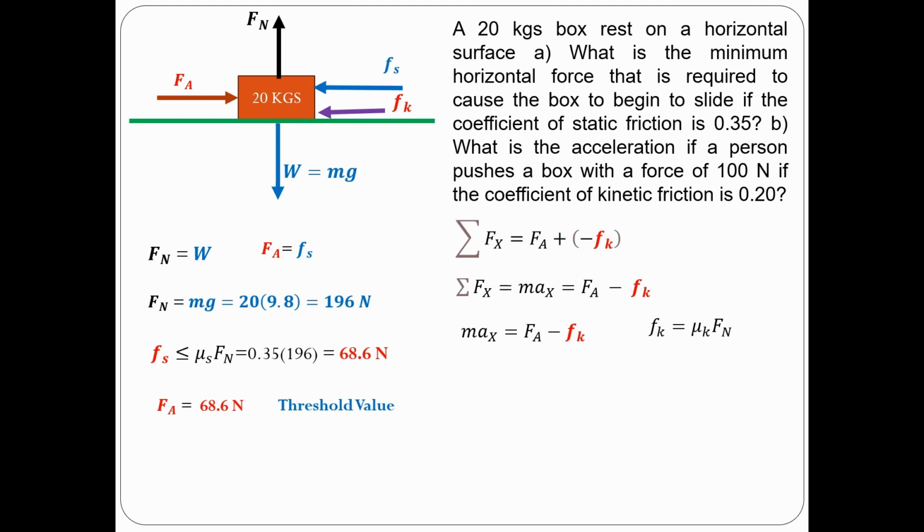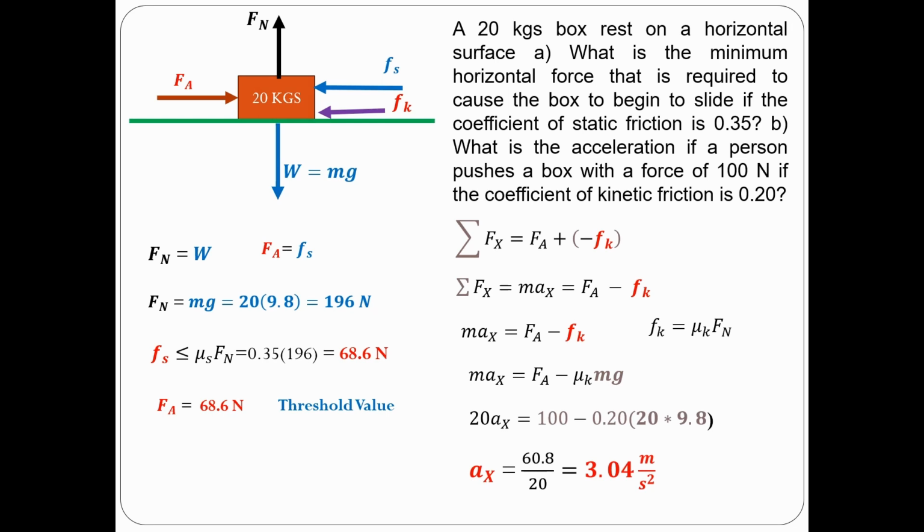Substituting the value of Fk, and Fn is equal to mg, then the equation will become max is equal to Fa minus mu k mg. Solving for the acceleration ax, we get 3.04 meters per square second.